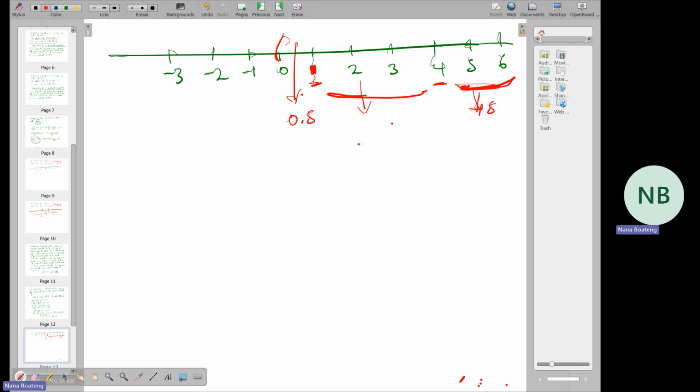We don't go to the negative region, since t is time, so it's only up to 0. It doesn't go below 0. Let me modify the number line to make it clearer. So t goes only up to 0.